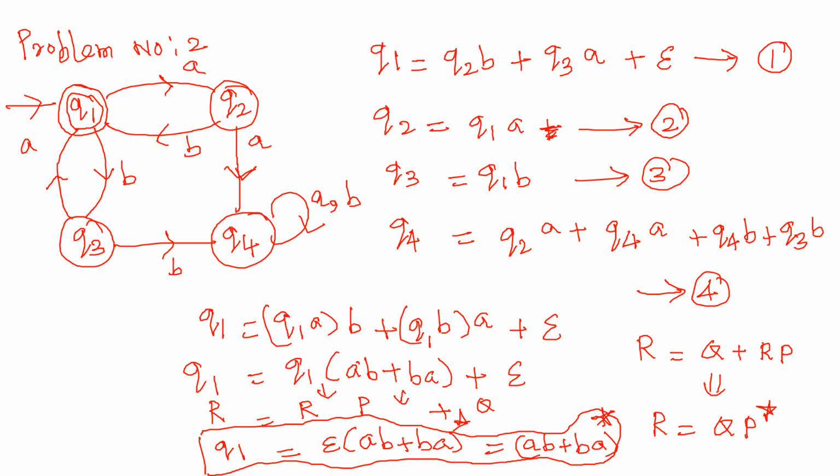Again, you are having the path starting with B, then ending with A. So we are having two paths, either A B or B A. So finally, we are getting the regular expression like that. So this is a way of converting from finite automata into regular expression through Arden's theorem. Thank you.